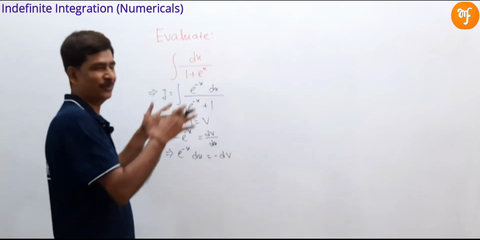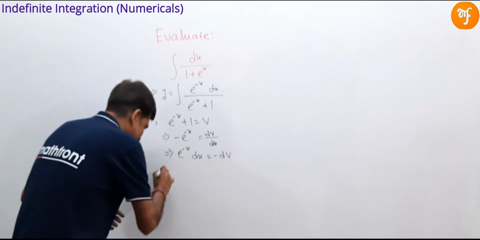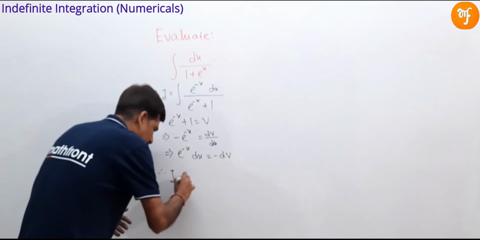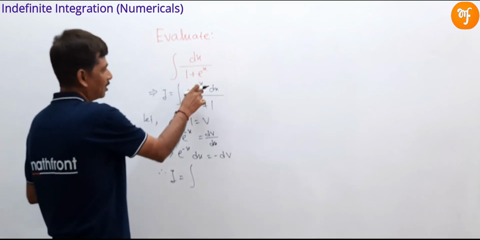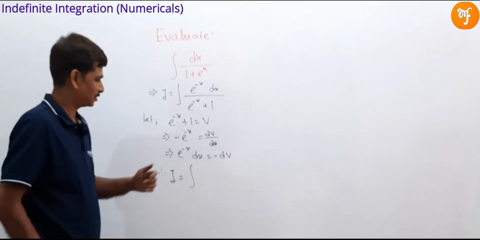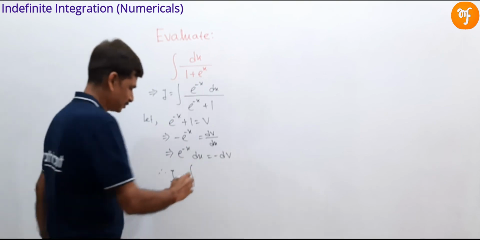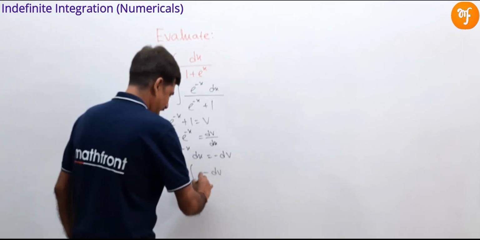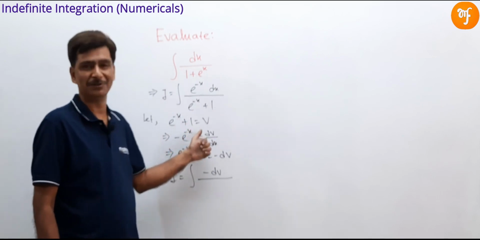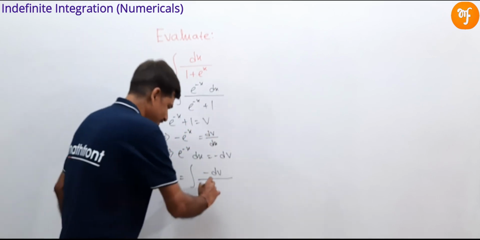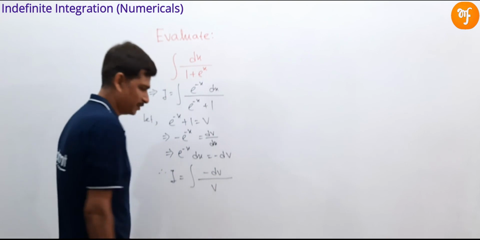Okay. Now, what is the integration? Therefore, the integration becomes I is equal to the integration of, instead of e to the power minus x dx, we will write minus dv. So, we are writing minus dv at the numerator and the denominator e to the power minus x plus 1 we initially assumed as v. So, this is minus dv by v.